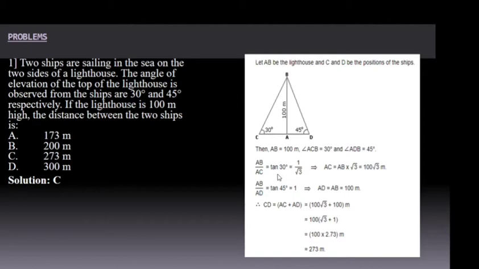Now again go back to the table. From the table I know that tan of 30 degrees is 1 upon root 3. Now just simplify this and substitute the quantities which you know. I know AB is 100, so my AC will be 100 root 3 meters.